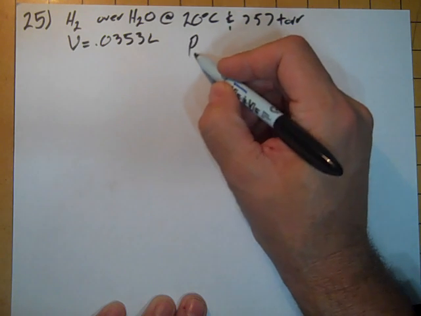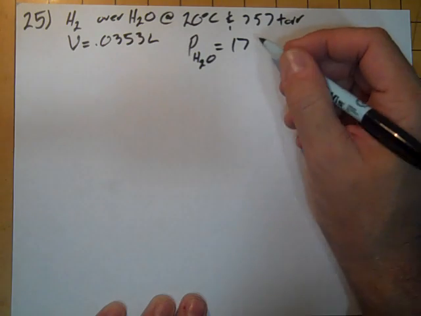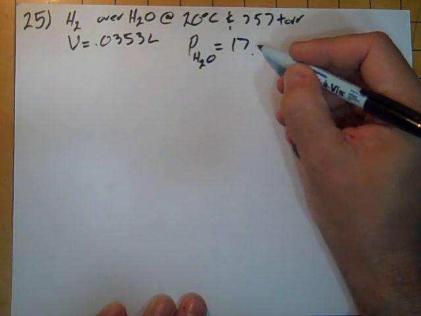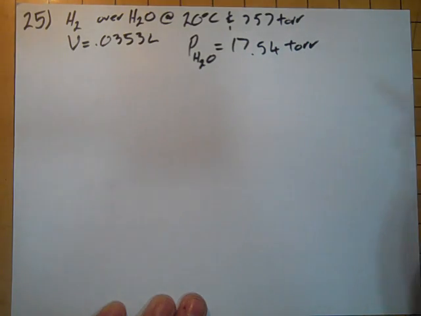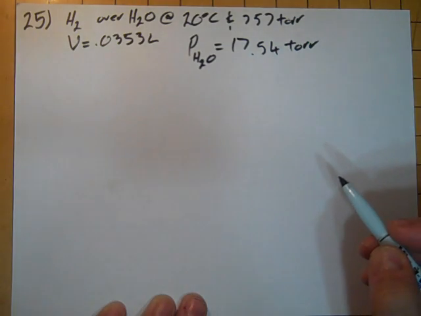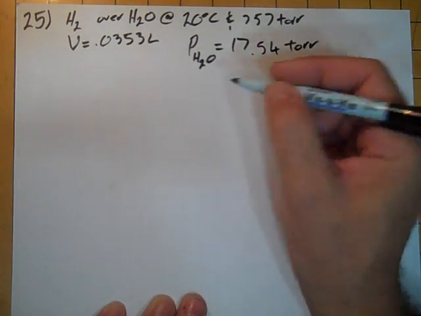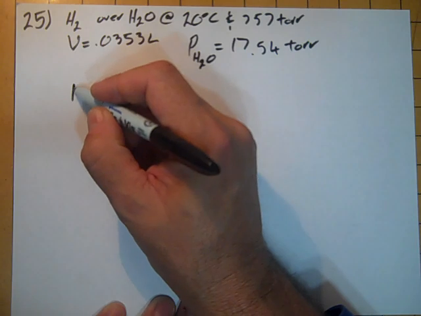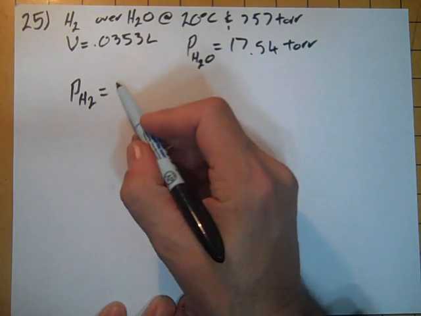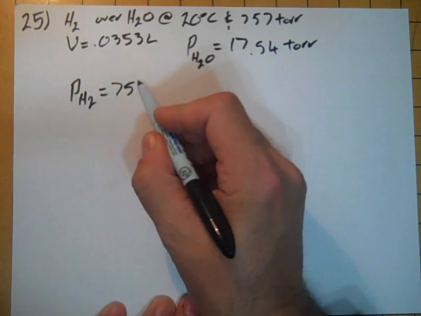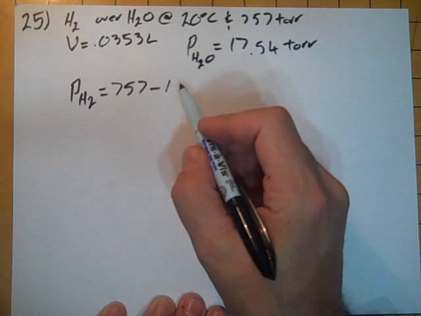degrees, and that's the partial pressure of H2O at 20 degrees, and that equals 17.54 torr. So from this I can determine that my pressure of hydrogen is going to equal the total pressure, 757, minus the pressure that comes from the water vapor that was trapped with it.